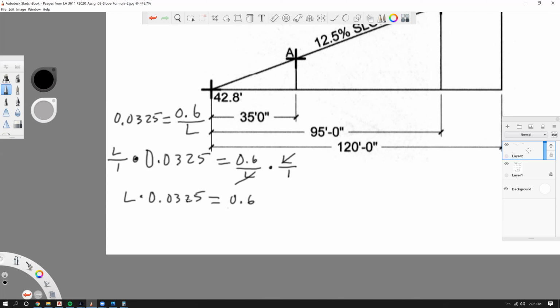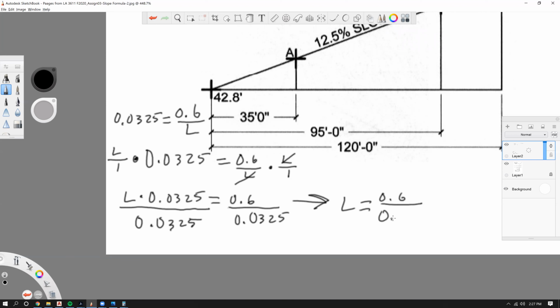So now we can get rid of the 0.0325 by dividing it out. Everything we do on this side, we have to do to the other side. So L equals 0.6 divided by 0.0325, which should be a decently large number.